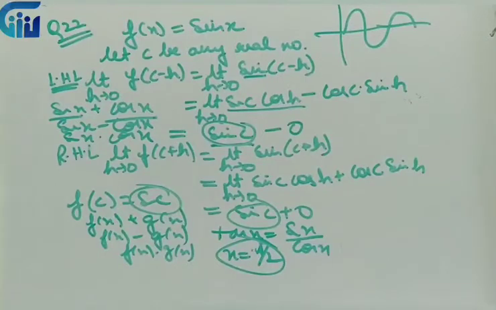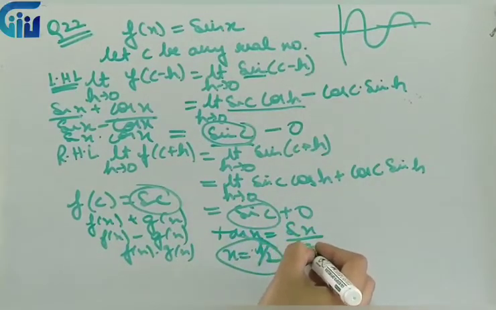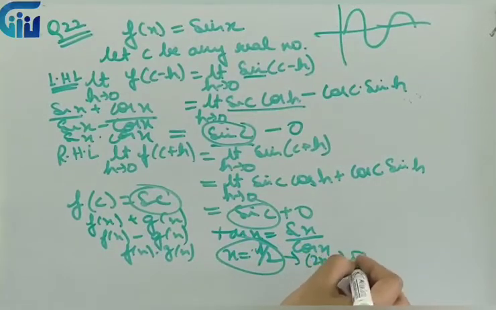Similarly for cot, secant and other functions, if I write it as a general term, I'll write it for 2n plus 1 pi by 2. Except these points, it is continuous at all the points.